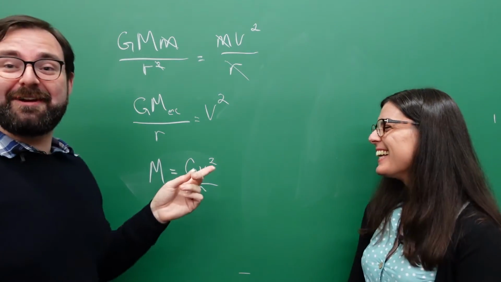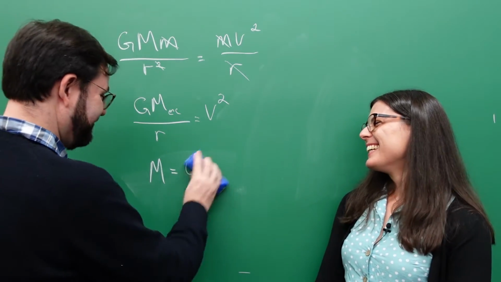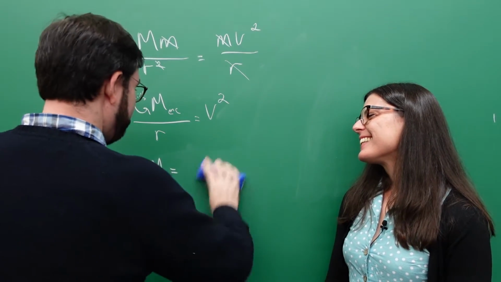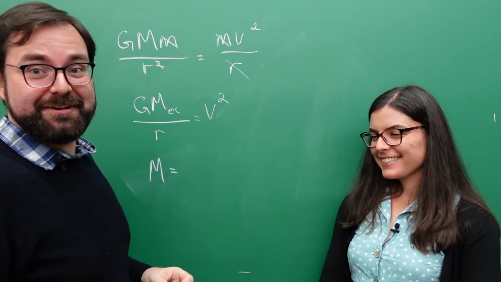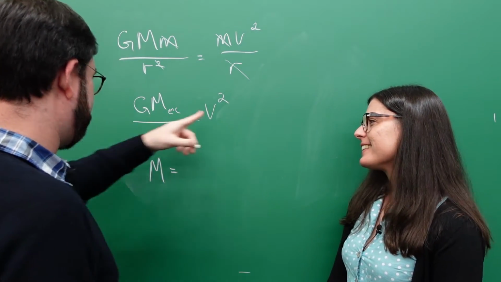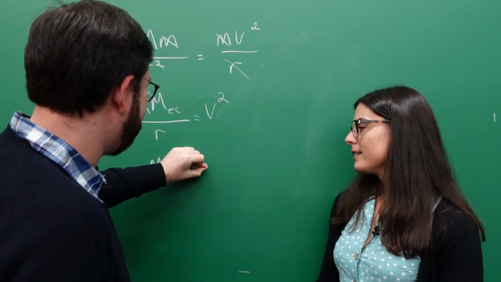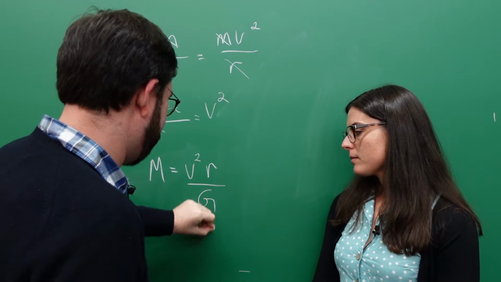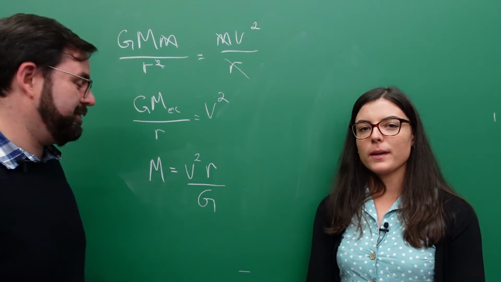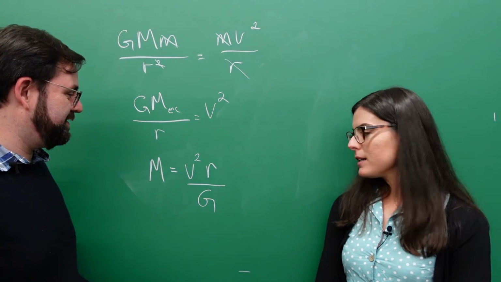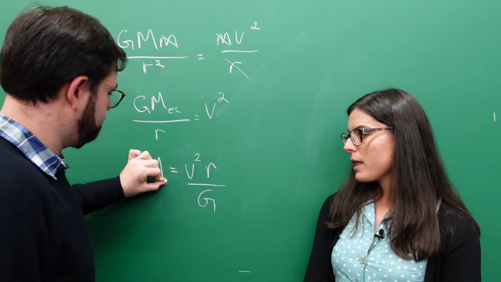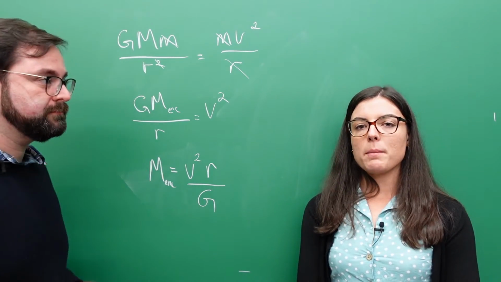Perfect. That's why we do dimensional analysis, to check this out. Remember, students, it's important to get a good night's sleep before you do some math. We are looking for M, which is v squared times r over G. That seems better.